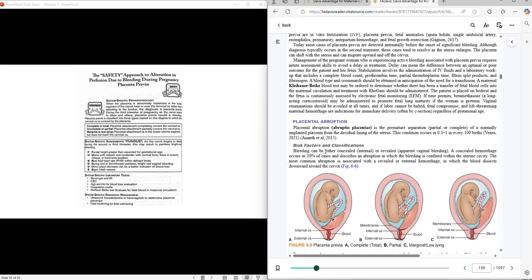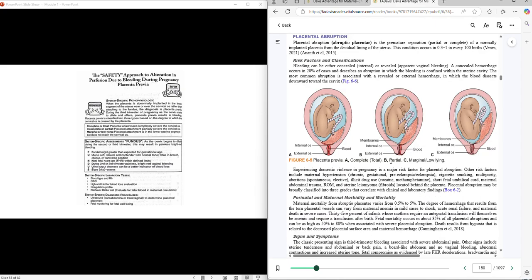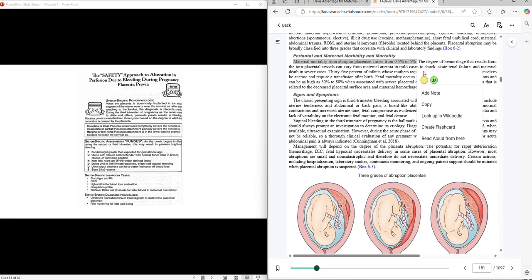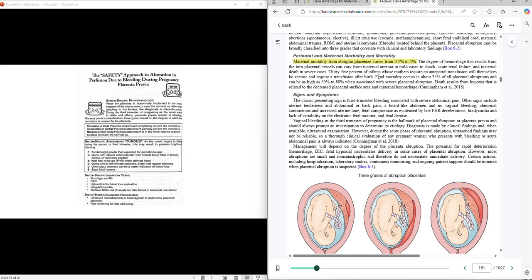Going on down to placental abruption, which is abruptio placentae, the premature, complete or partial separation. Let's go down here and look at it. This happens in up to 5% of women that have mortality. The fetal mortality is much, much higher.